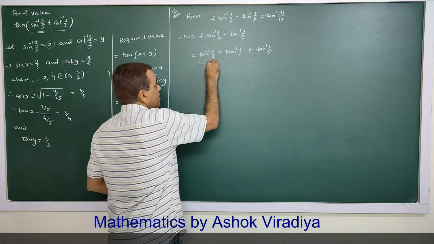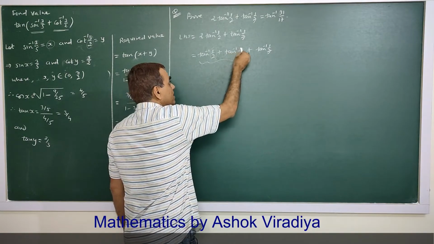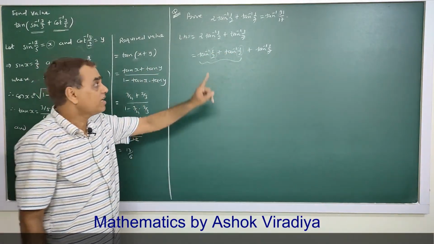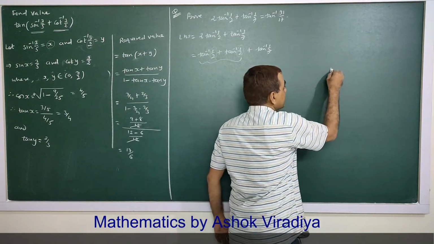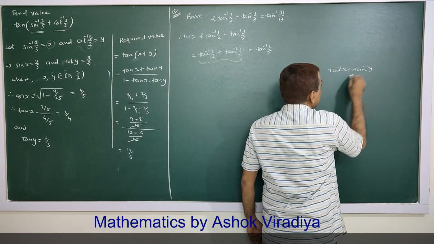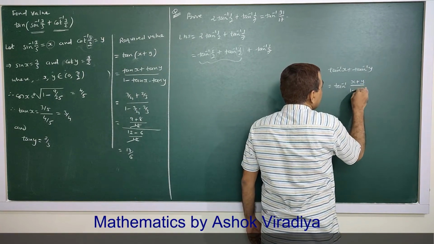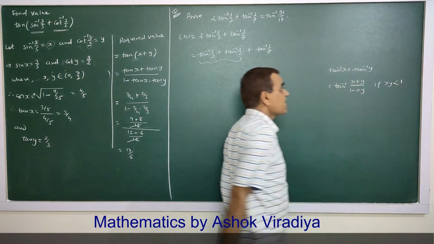Now here, matching this with tan inverse x plus tan inverse y, we apply the formula: tan inverse x plus tan inverse y equals tan inverse of (x plus y) upon (1 minus xy), if xy is less than 1.